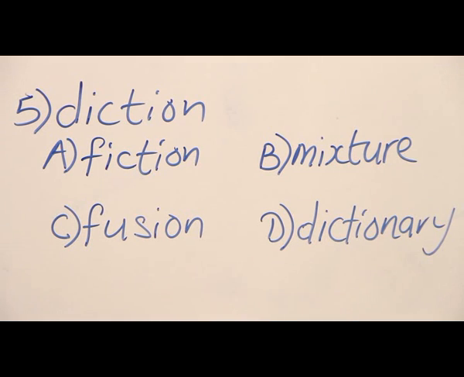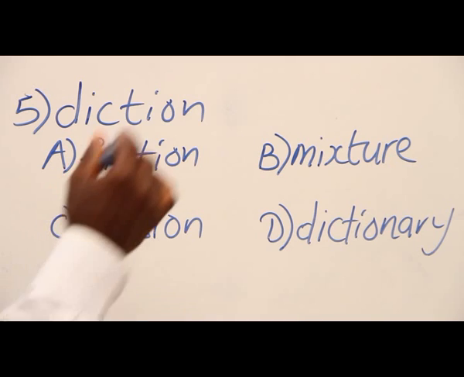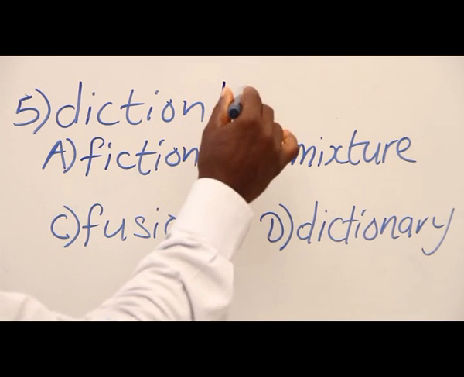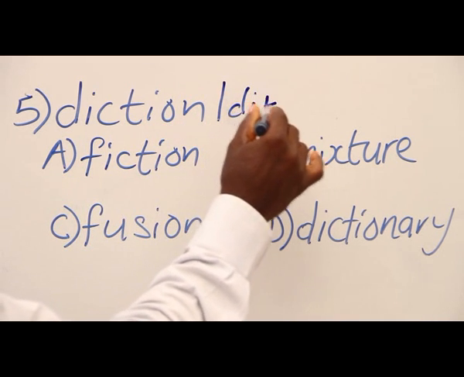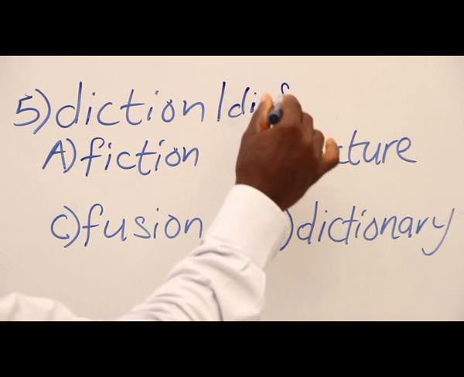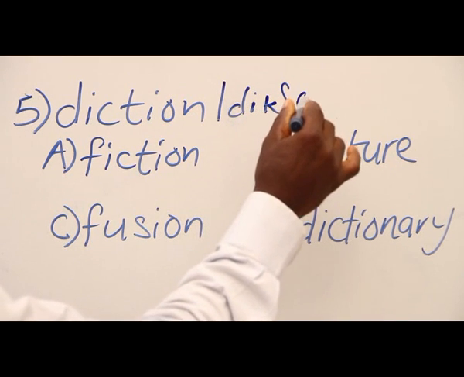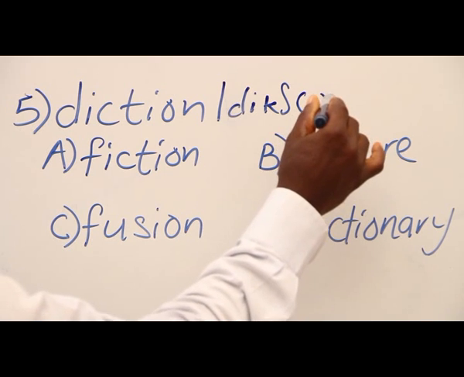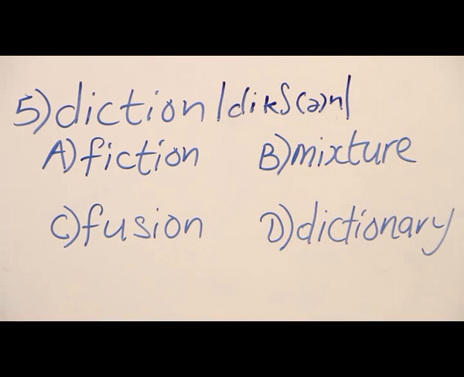Now let's take question number 5. The word is diction. Now diction is going to end in this sound. Now we can have a possible short sound here, which is going to be optional.